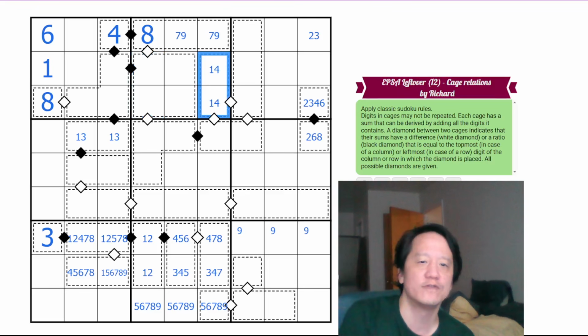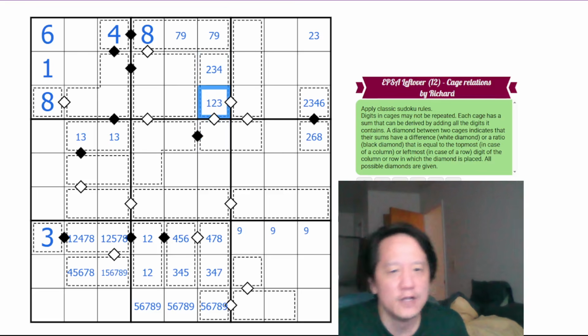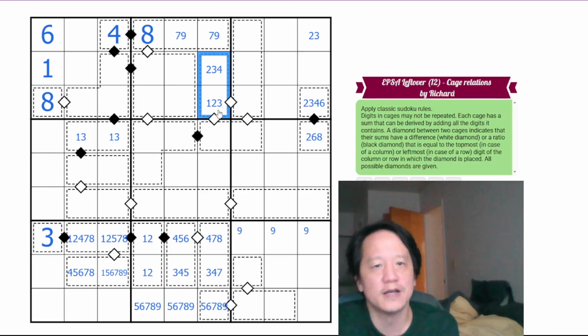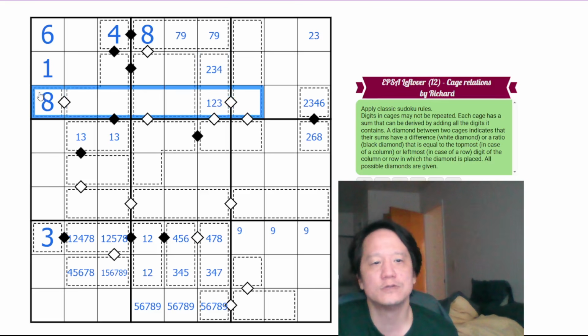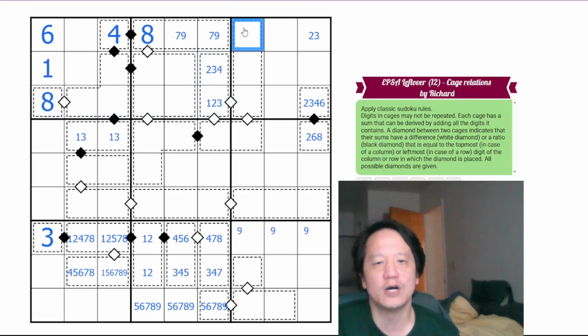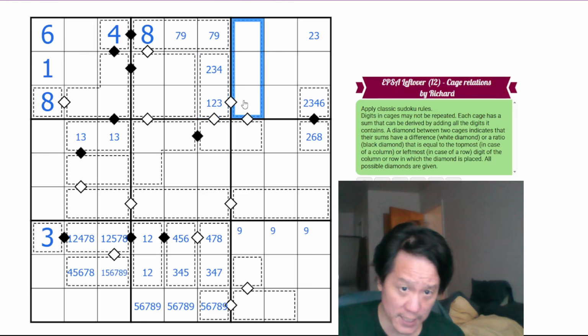So this has to be 1, 4, or 2, 3 here. Obviously, this can't be 1, this can't be 4. This 5 cannot obviously go down to negative, so it must go up to 13. So we have 5 here. This is 13.